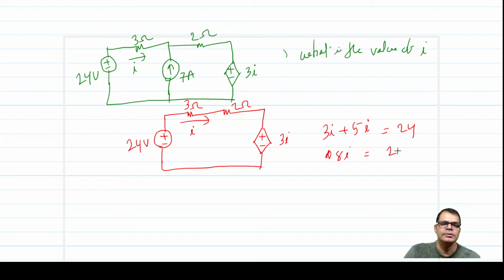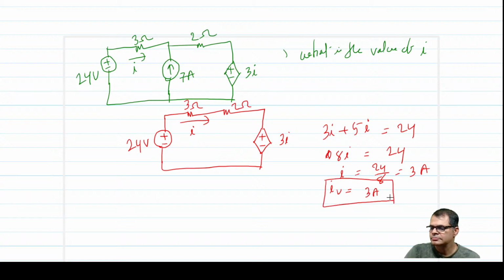So I equal to 24 upon 8, which is 3 ampere, and this is I due to the voltage source, so I can designate it as IV, that is 3 ampere. Right. So now make the 7 ampere current source active and reduce the 24 volt to 0. So the 24 volt will be short.